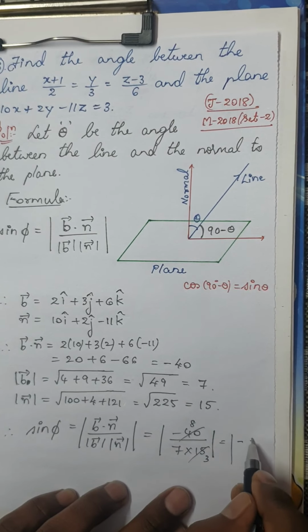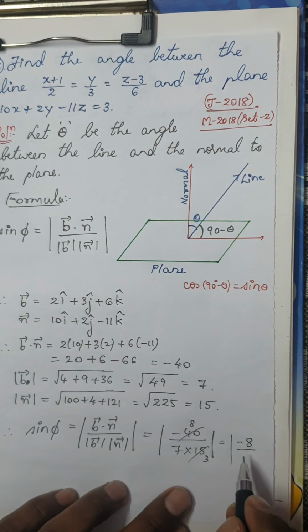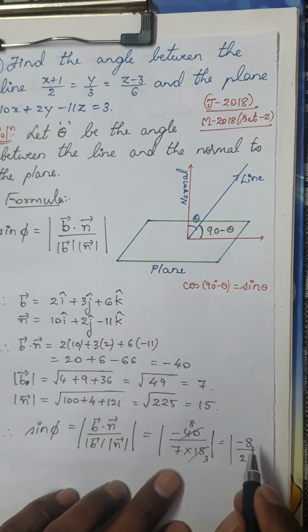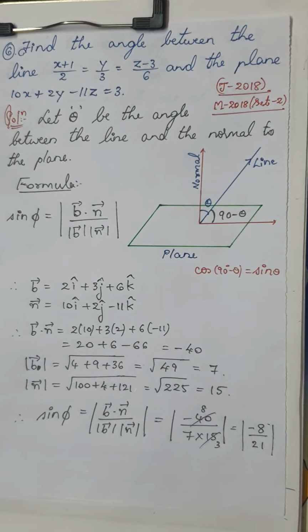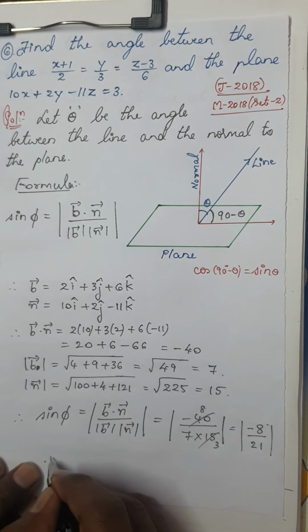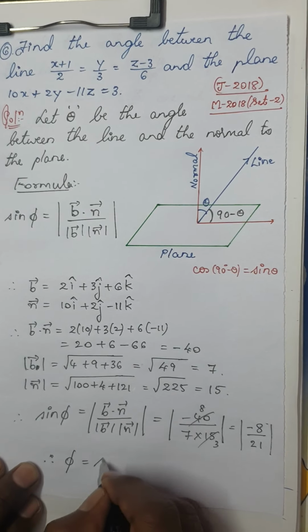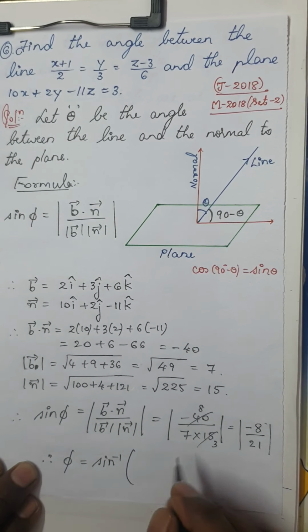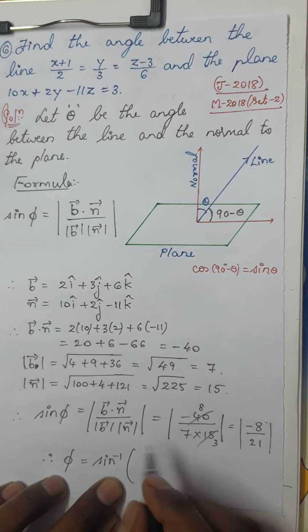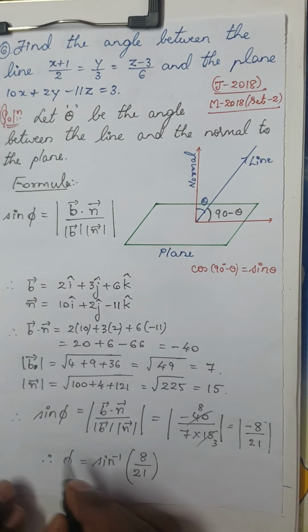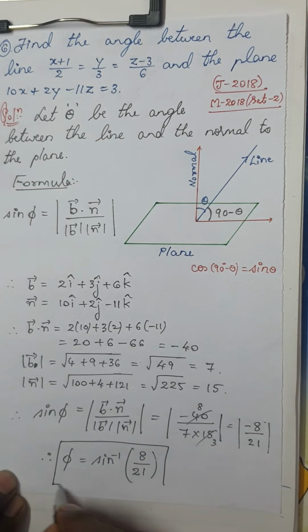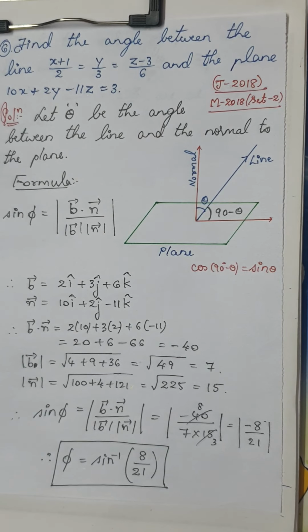So it is modulus of minus 8 divided by 7 threes are 21. Remember, it is with modulus. Therefore, the angle pi is given by sine inverse of, because it is modulus, I'll take away the negative sign, 8 divided by 21. That would be my required answer.